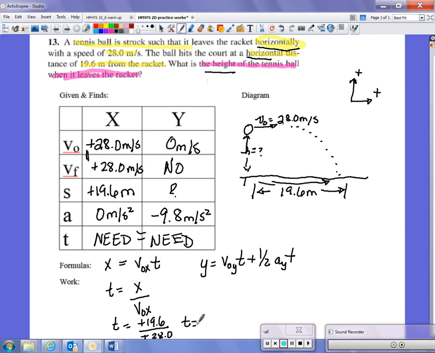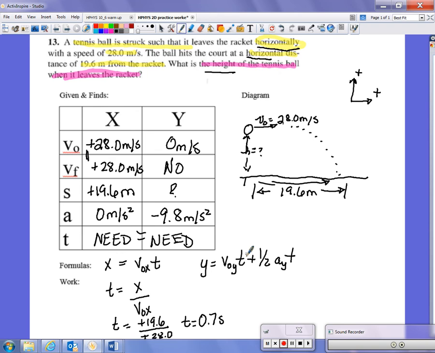So t is equal to 19.6 divided by 28. We're going to plug that into our calculator. And we're going to get 0.7 seconds. Time is a scalar. It will not have any kind of sign associated with it.